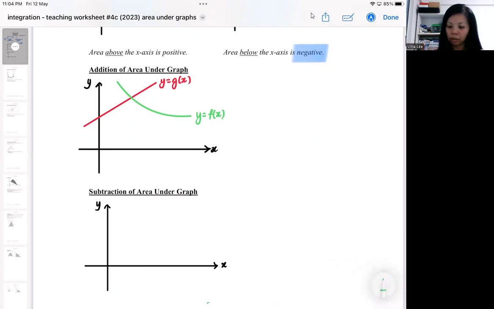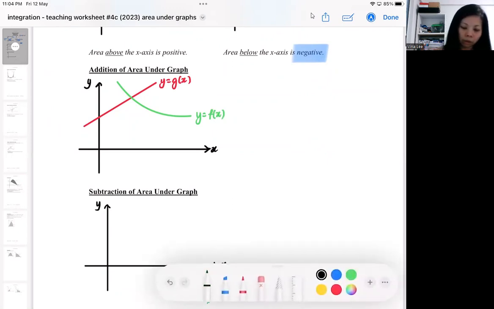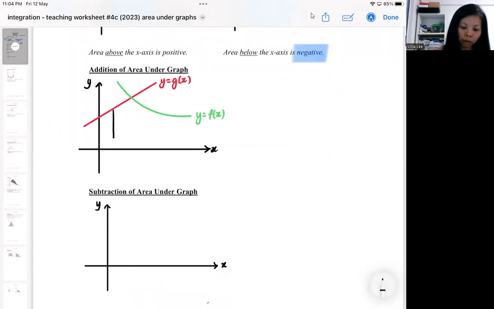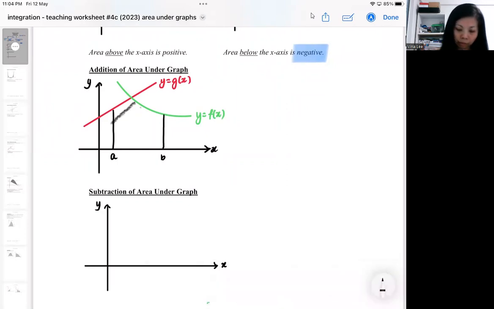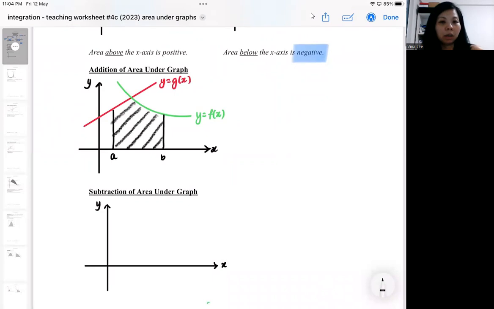What shaded area am I interested in? So these will be the two vertical walls, and I'm interested in this area. So this is the area that I'm interested in.